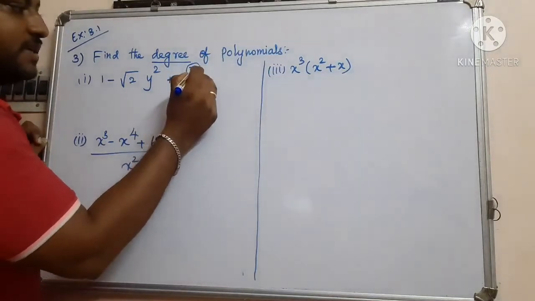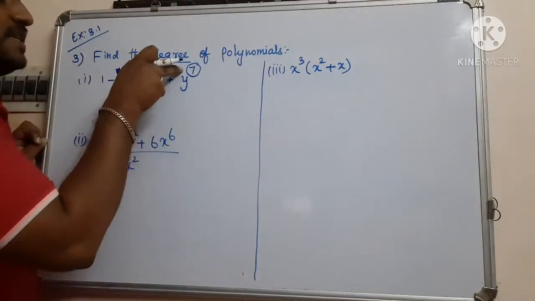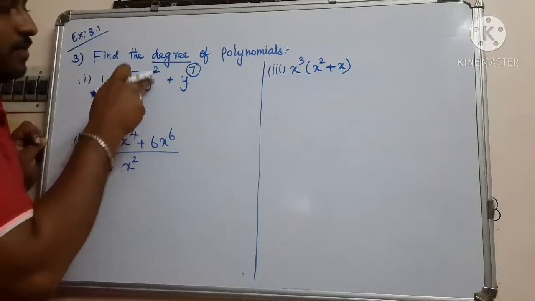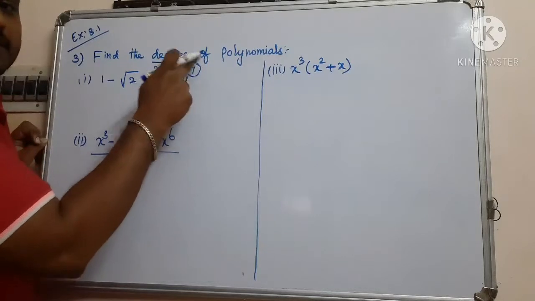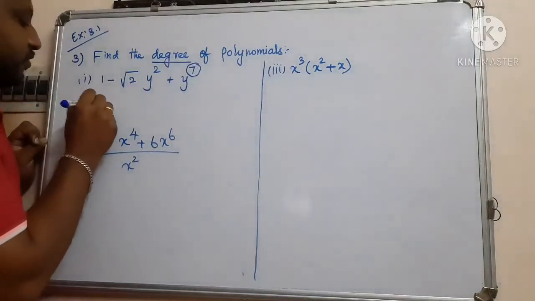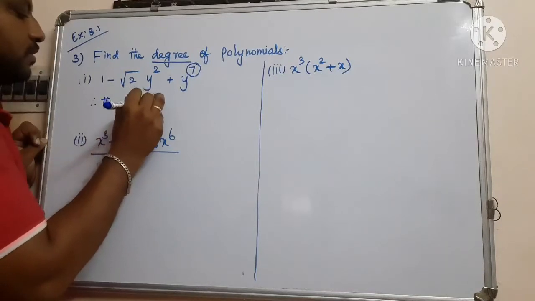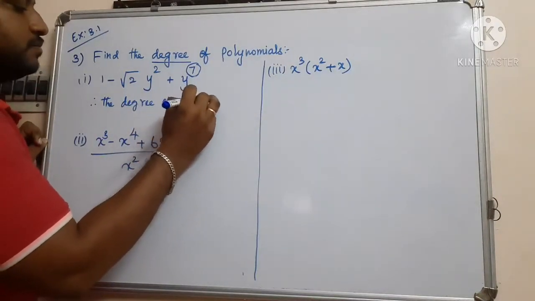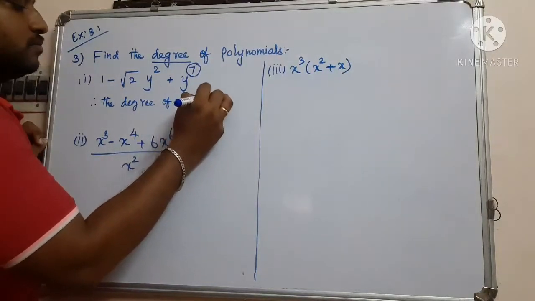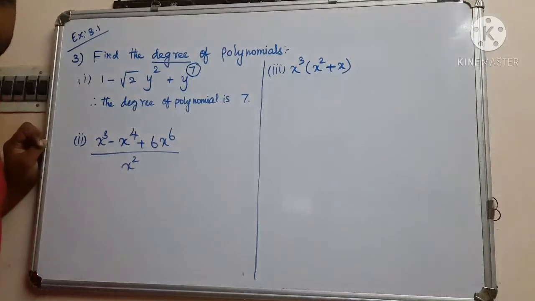Here the highest number is 7. y is the variable, and the highest power is 7. y square is also there, but 2 is less than 7. So 7 is the highest power. Therefore, the degree of the polynomial is 7.